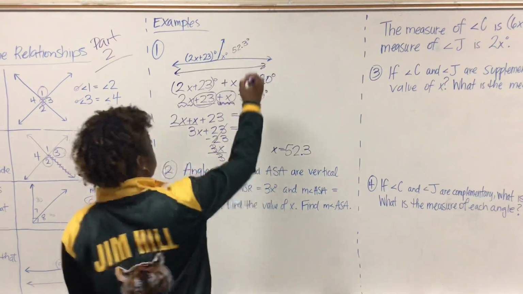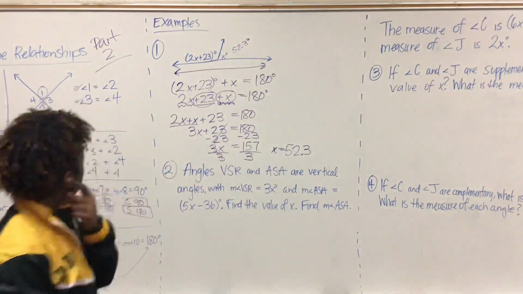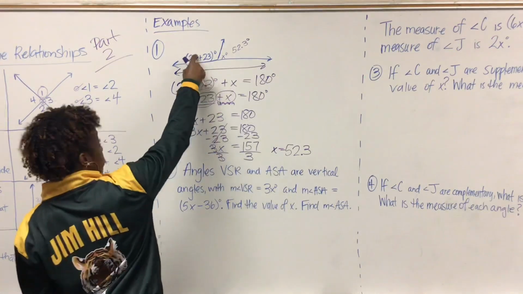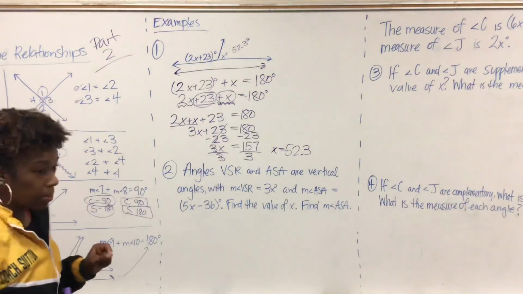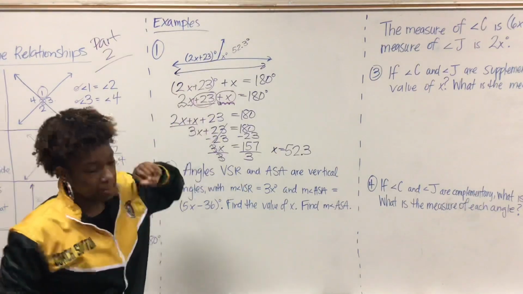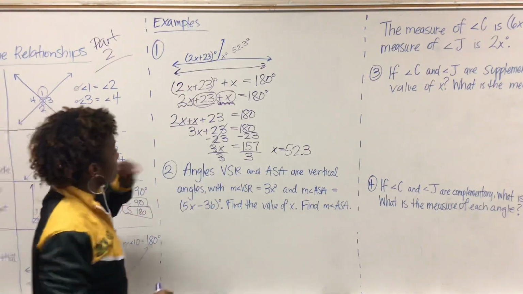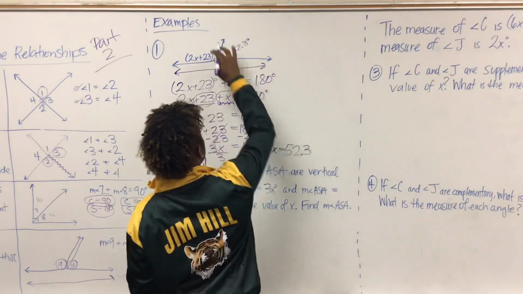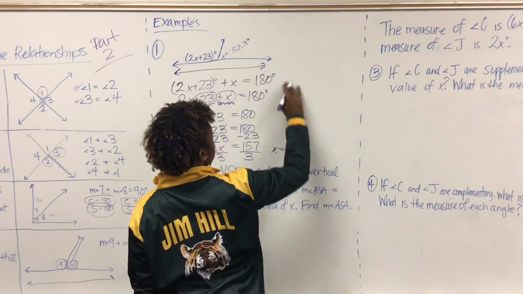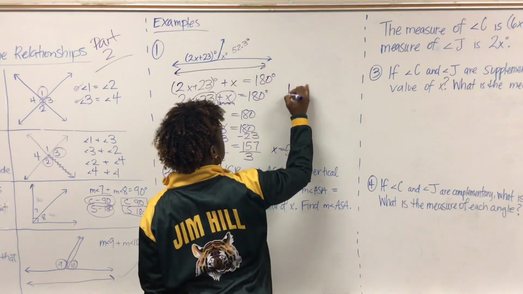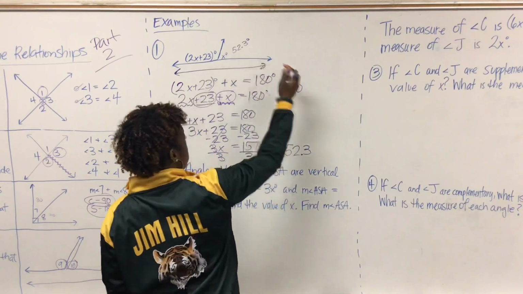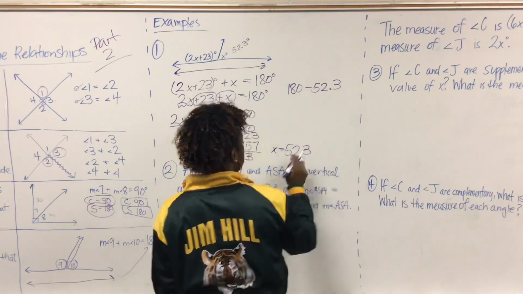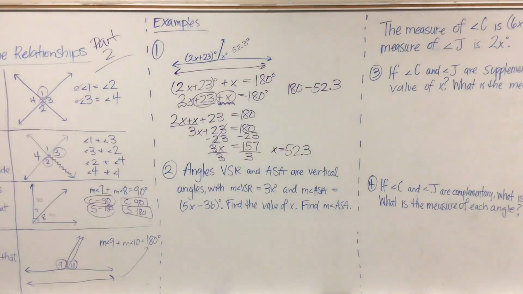Now, if I wanted to find this other angle, I can do two things. First, I can plug x into this expression, or because I know these angles are supplementary, they equal 180. So I know if this is 52.3 and they both have to equal 180, I can just subtract the answer that I got from 180 to get the other side.